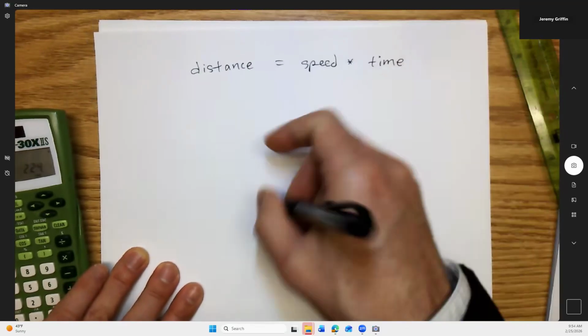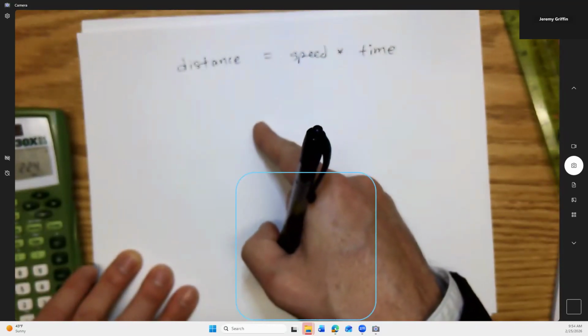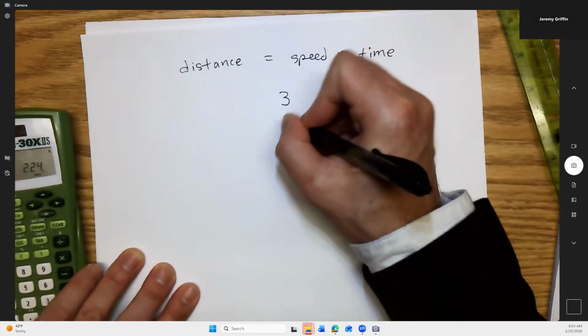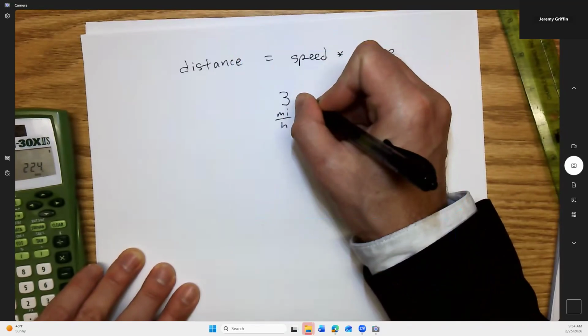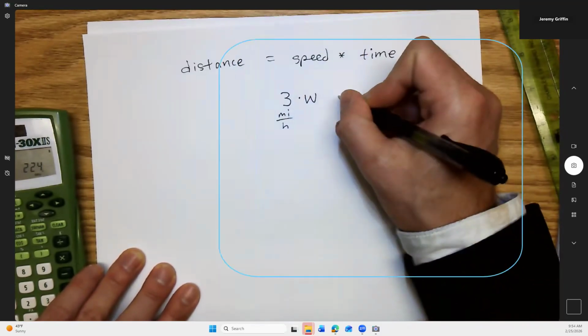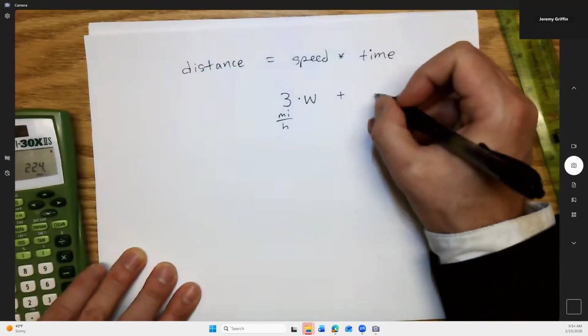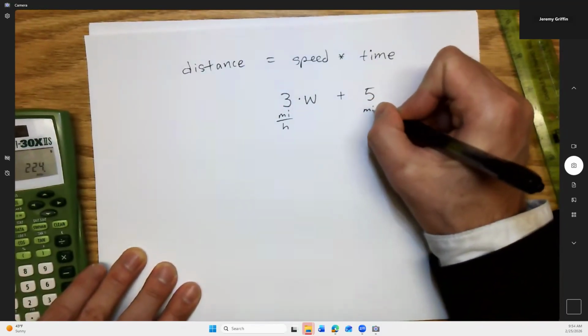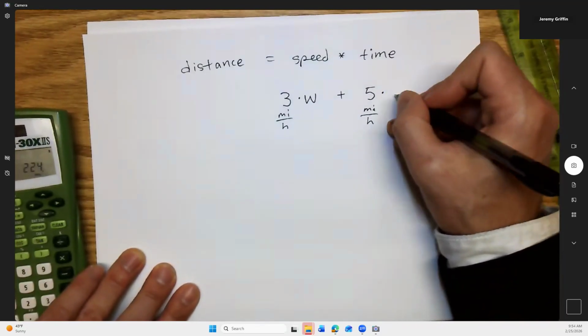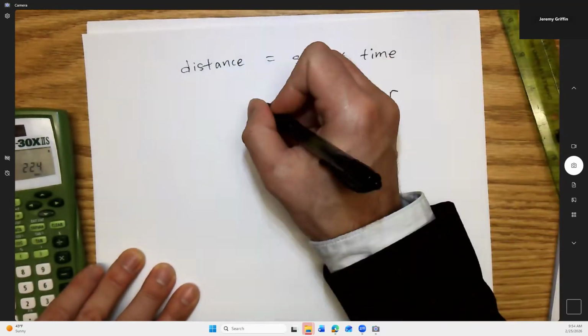Speed times time. Okay. He's going to walk at 3 miles per hour for some number of hours W, plus he's going to run at 5 miles per hour for some number of hours R. Okay.